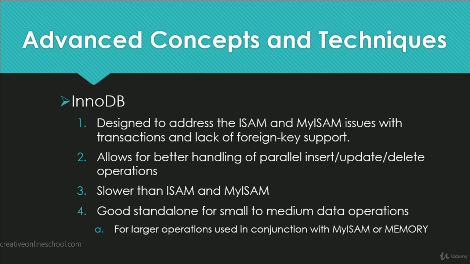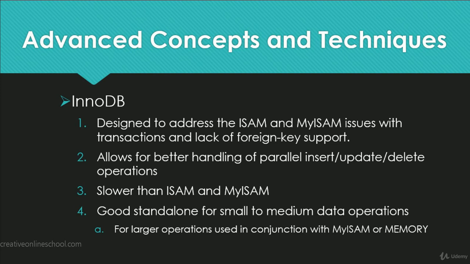However, it's slower than ISAM and MyISAM when it comes to doing select statements. As such, it can be very good for small to medium data operations, but if it's too large, it may need to be used in conjunction with MyISAM or memory, so that you can run the selects from there and then do the rest with MongoDB.